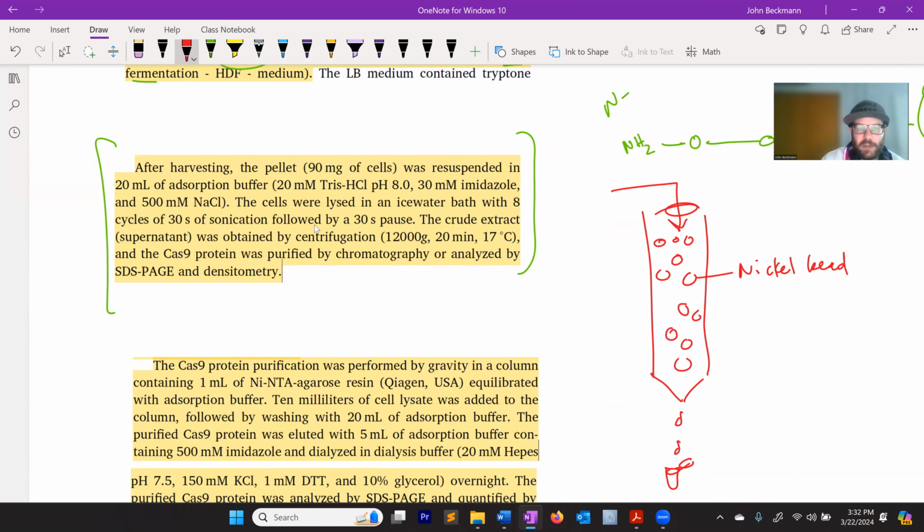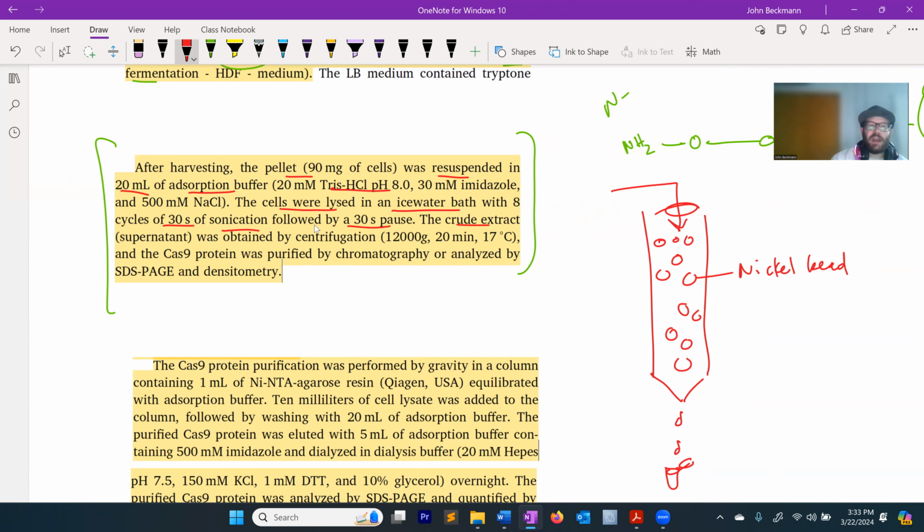Here's where they're telling you what kind of buffers they're working with. It says after harvesting, the pellet was resuspended in 20 mils of absorption buffer. Here's the buffer. The cells were lysed in an ice water bath with 8 cycles of sonication. We talked about that, so we should know now how they're lysing it. They have a sonicator. This is just telling you how they run the program.